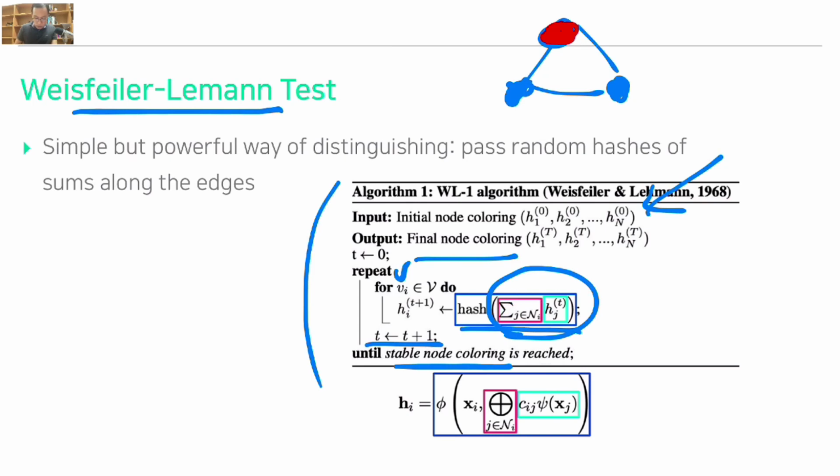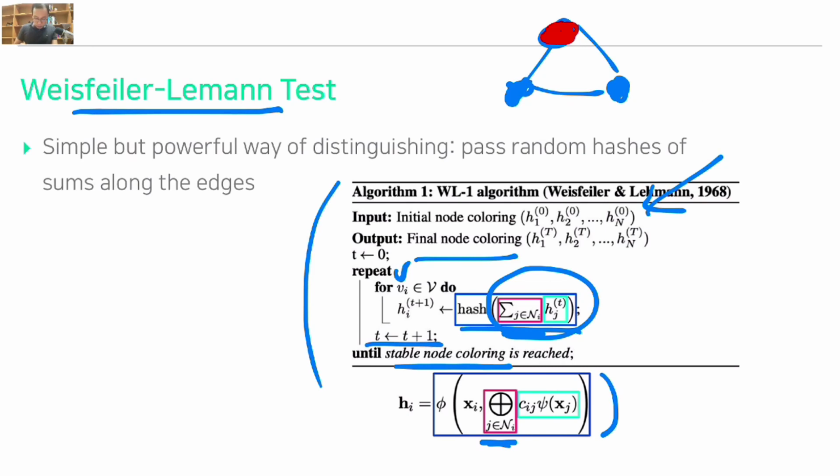And we see whether the coloring is stable or not. In this case, to consider the neighbors, here we use a summation function, but actually it is the same as a concatenation, and it is a much more generalized version of the Weisfeiler-Lehman test.